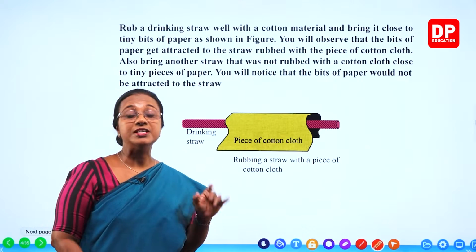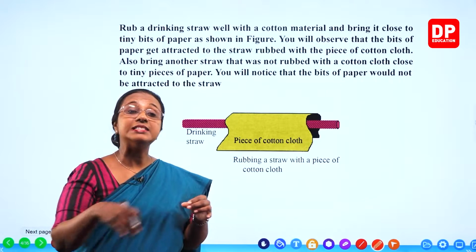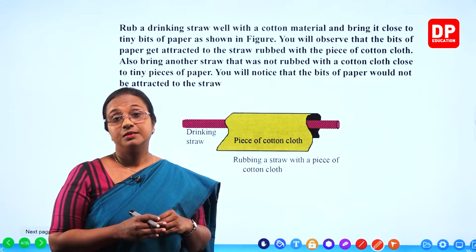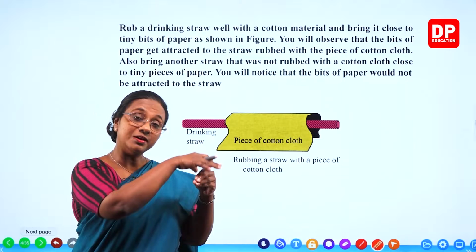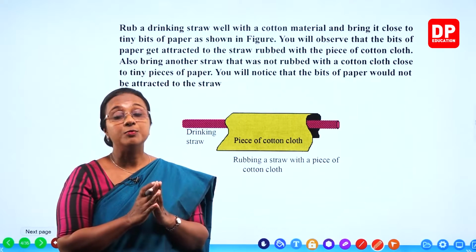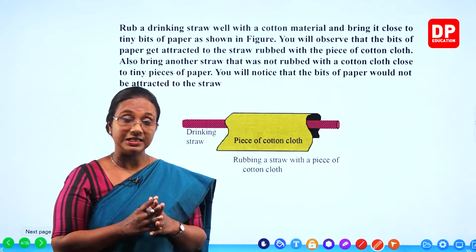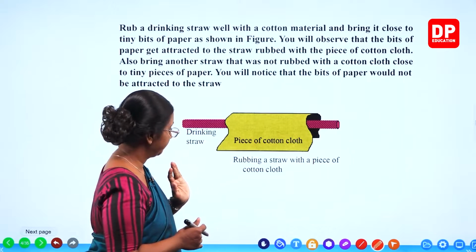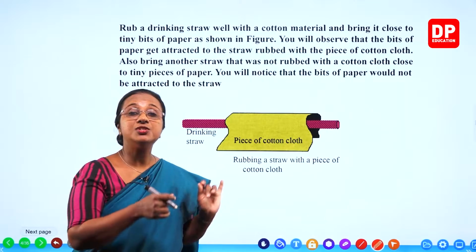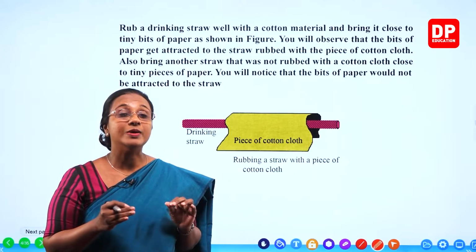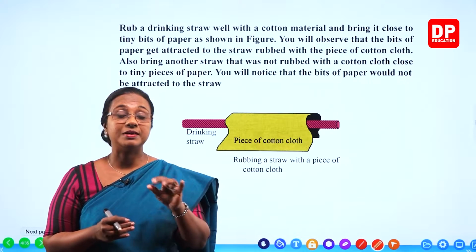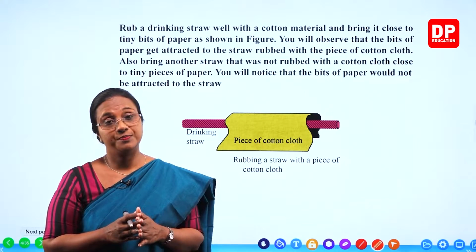What we do is we take the straw and nicely rub it with cotton cloth, normally in one direction, which is better. Once you rub it, if you hold the straw near very tiny pieces of paper, then you will see that the pieces of paper get attracted to the straw.